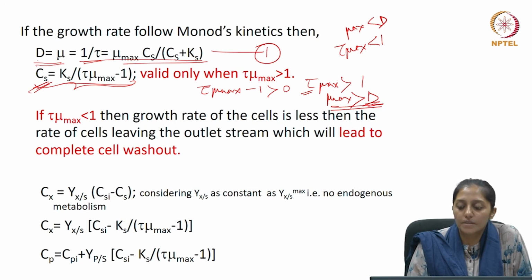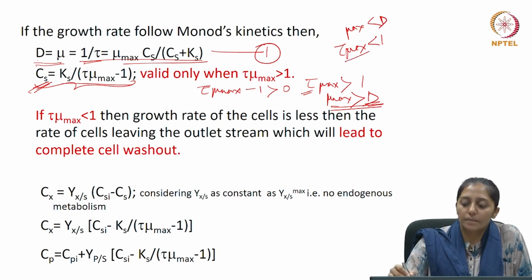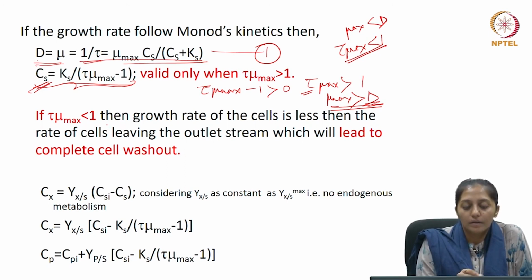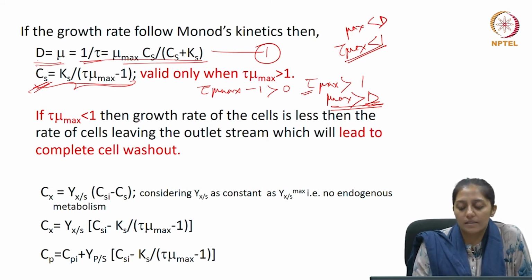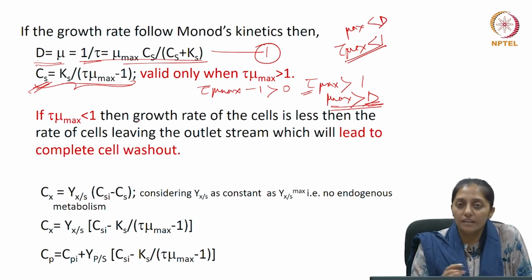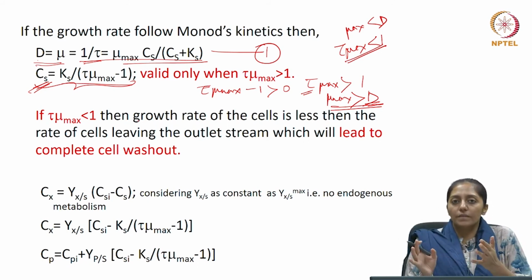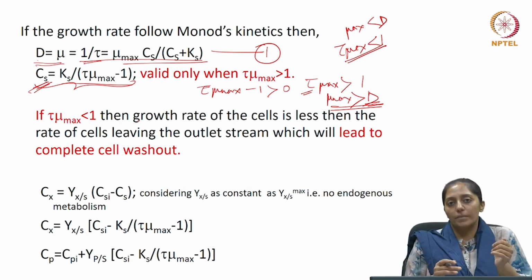Tau times mu max is less than 1. This effectively means that the growth rate of the cells is now less than the rate at which the cells are leaving the outlet stream, isn't it? This would mean effectively that it will lead to the complete washout of the cells from the reactor. So, this is what is the washout phenomenon.